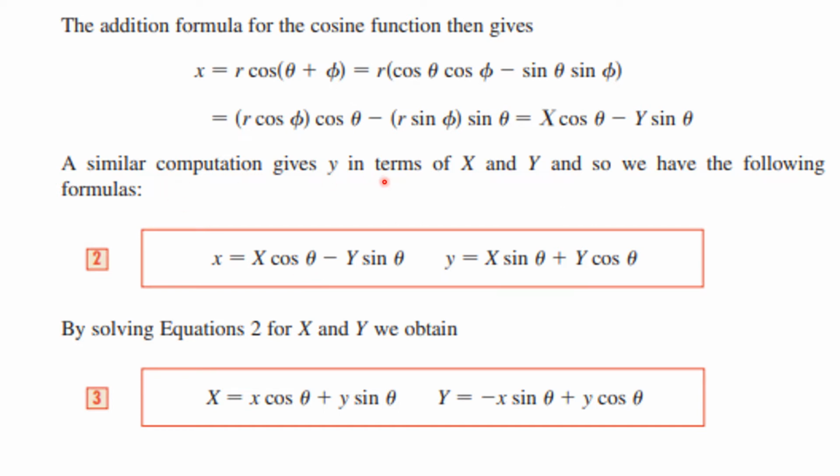And a similar calculation for y. So we would do y is equal to r sine of theta plus phi, and the identity is different, but whenever you do it, and I encourage you to do the calculation, you'll get that y in the original coordinate system is equal to capital X sine theta plus capital Y cosine theta. Now what happens is, these are two equations and two unknowns.